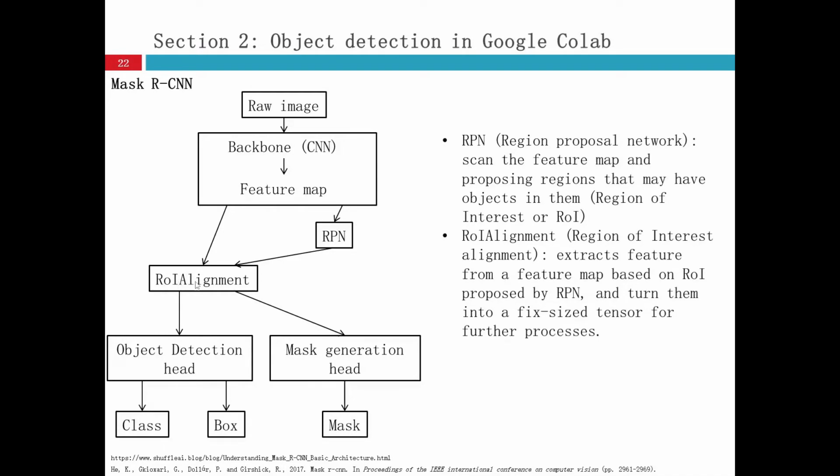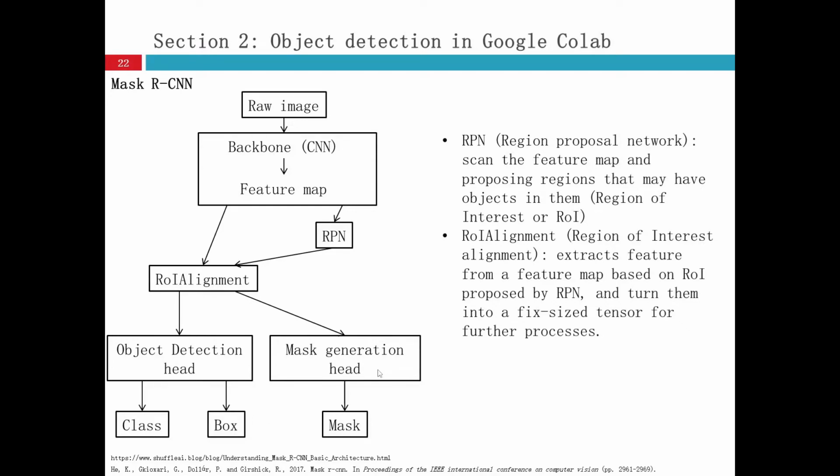And the ROI alignment extracts features from the feature map based on the ROI proposed by the RPN and turns them into a fixed size tensor for further processing. Those processes involve the object detection head and the mask generation head. The object detection head gives us the class and the bounding box.